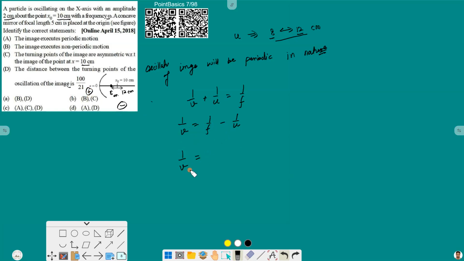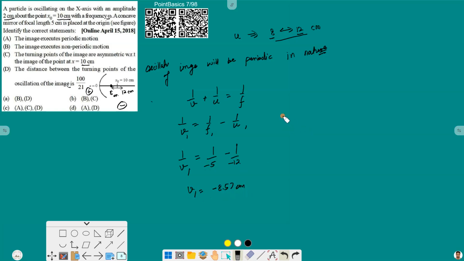We are calculating v1. So 1 by v1 will be equal to the focal length, 5 centimeters, so minus 1 by 5, minus of 1 by negative 12. When we solve this, we will get v1 is equal to minus 8.57 centimeter.